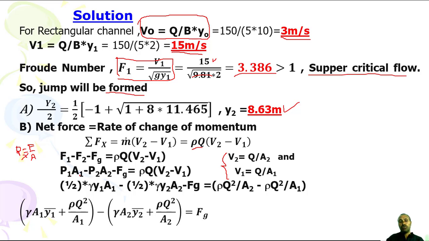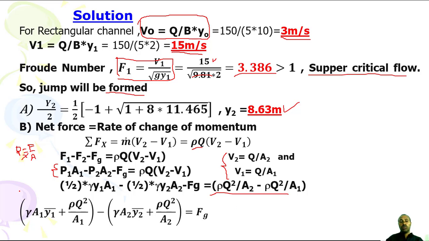So P1 times A1 minus P2 times A2, then minus Fg, is equal to rho Q times the change in velocity. P1 is half gamma Y1 times A1, then minus half gamma Y2 times A2, minus Fg. Then you can substitute rho Q squared, Q times Q, since Q is constant, and you can substitute here.